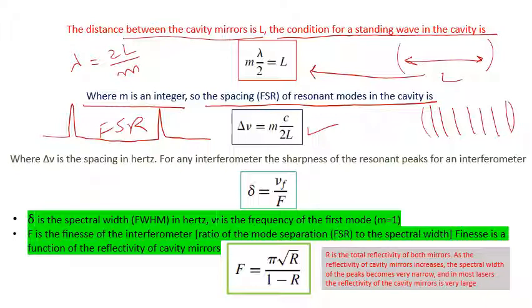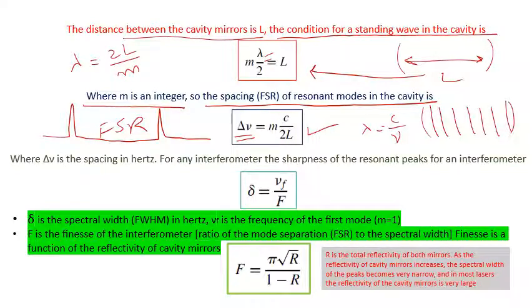This is a frequency, whereas the earlier one was a wavelength. It's just a rearrangement of the equation, lambda equals c over nu.